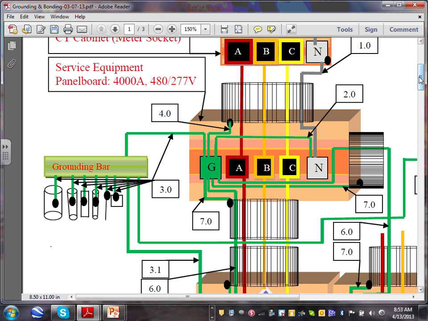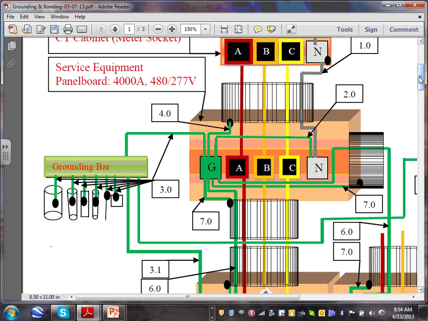Why not PVC? When you bring your rigid or intermediate or EMT, any metallic conduit, you're bringing it underground, typically rigid if you're going underground, into the bottom of the switchgear. As you know, the bottom of the switchgear is open. You need to bond your conduit to the switchgear, right? So that bonding of the conduit to the switchgear is called the supply side bonding jumper.